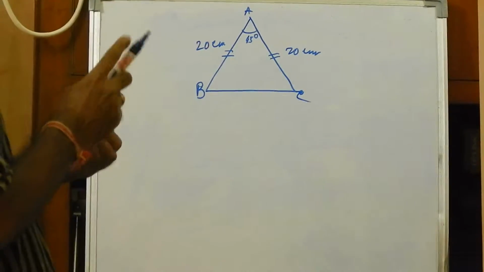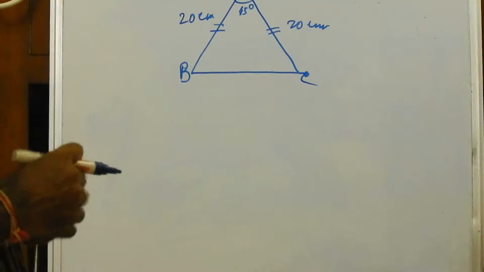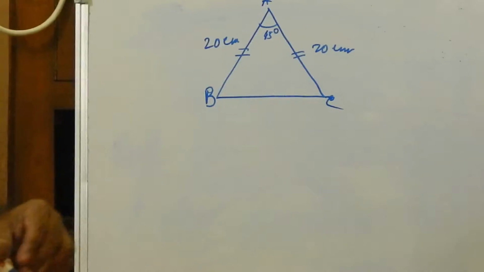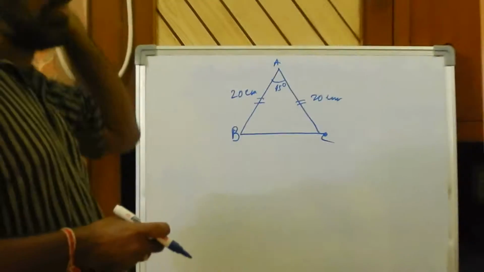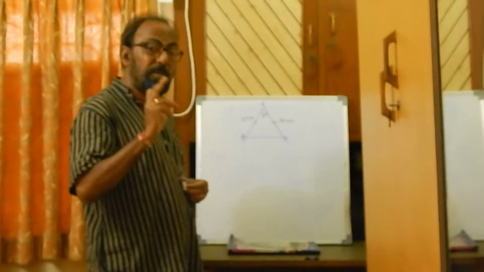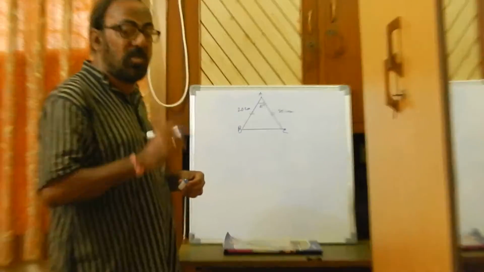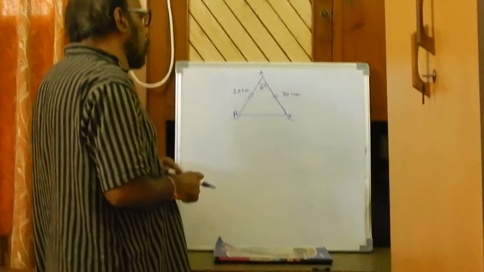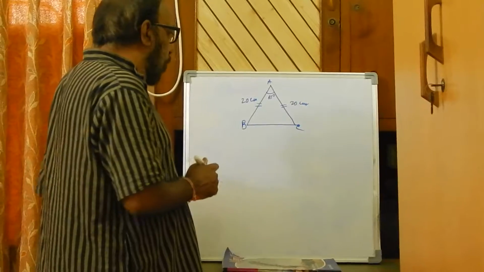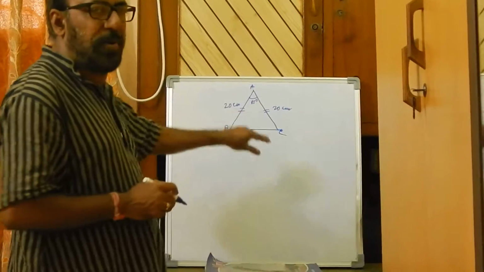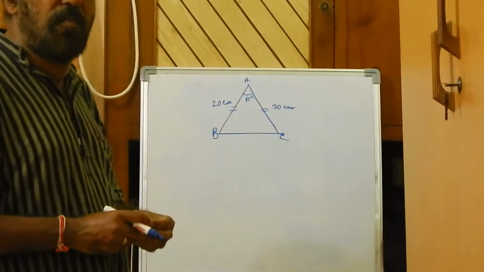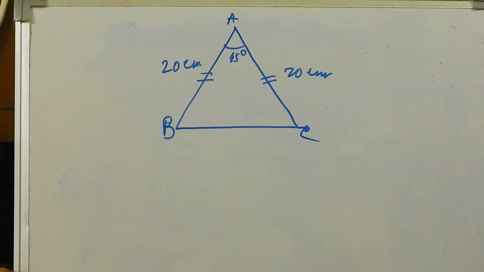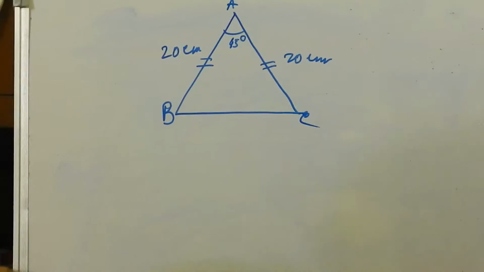And I told you earlier that there is one generalized formula, half into base into height, and another one was Heron's formula, that means involving the semi-perimeter, S into S minus A, S minus B, S minus C. Whenever we have the three sides of a triangle, it is convenient for us to deduct the value of base, and easily we can find out the area of the triangle.